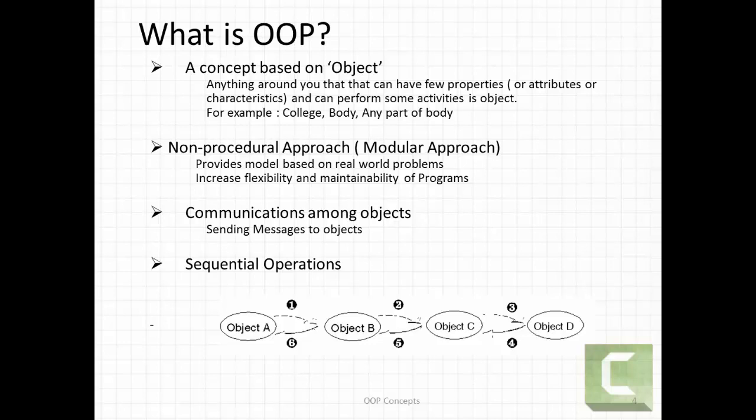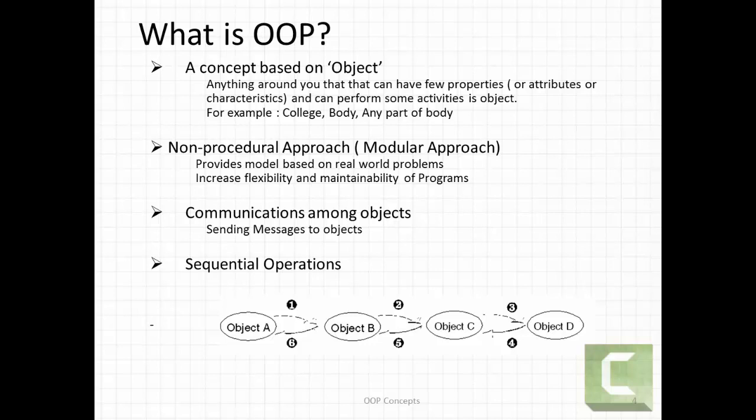OOP is a non-procedural approach, which is called a modular approach. Modular approach means you can think in terms of objects, and you can club those objects to make a model. If you are thinking of a big problem, a big project, or a big system, you can divide the whole system into different modules. So object-oriented programming gives you the opportunity to think in the direction of modules.